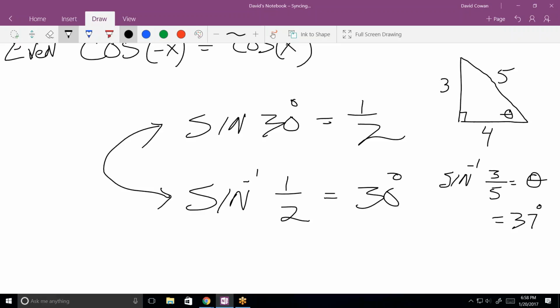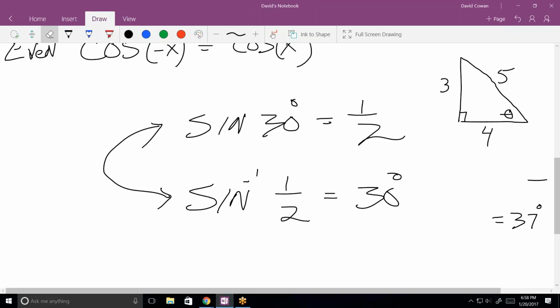Yeah, and you can get that out of your calculator. You're going to encounter all kinds of problems where they give you the dimensions of a triangle and they want you to find the angles. Well, how we find angles is by using inverse trig functions.